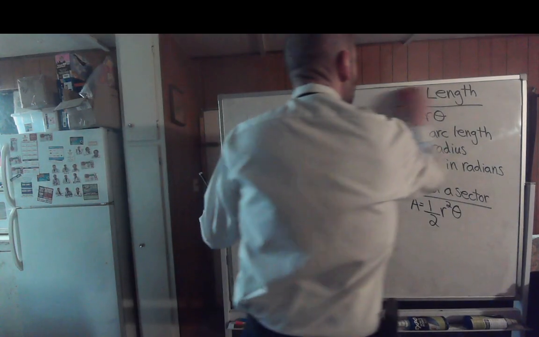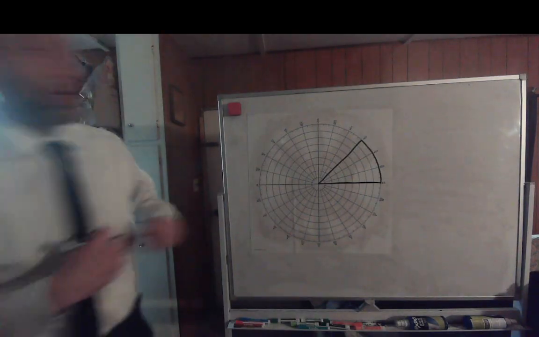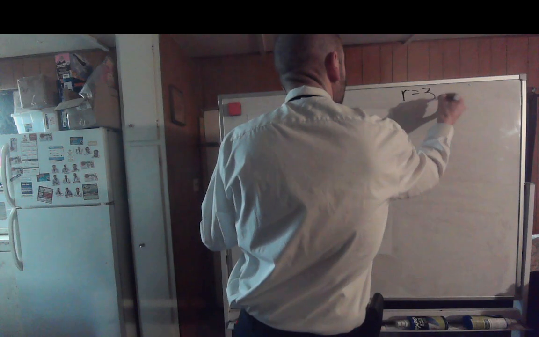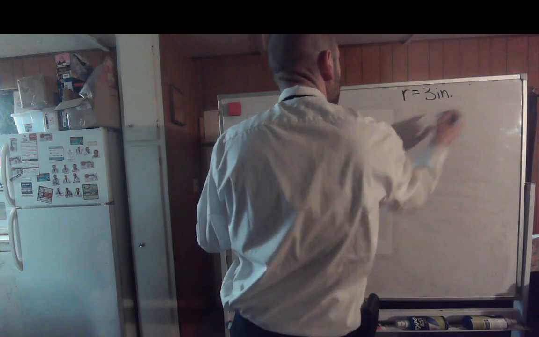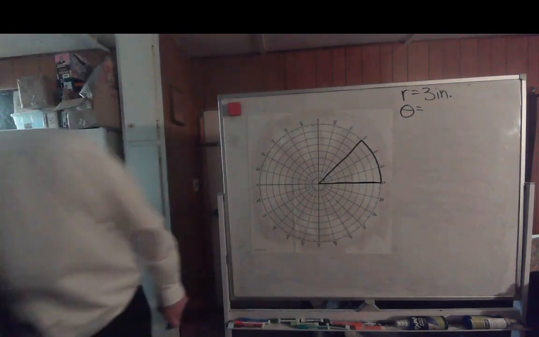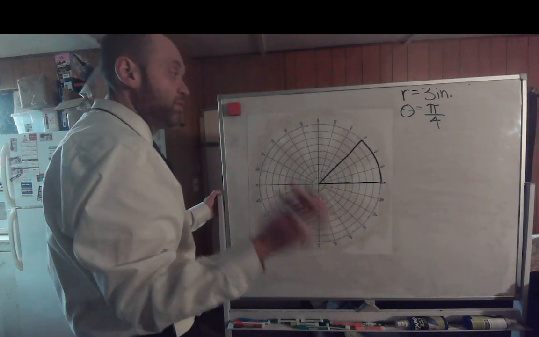So let's do some examples here, okay? Here, I've already drawn the first one. You have a radius of 3 inches. They give you your angle in radians for this one. Your angle is pi over 4.